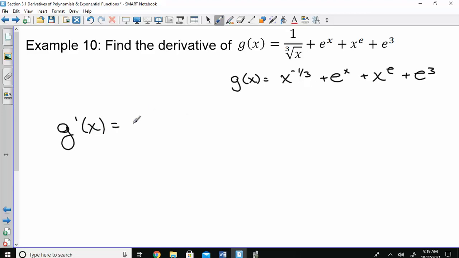X to the negative 1/3. Derivative, the negative 1/3 comes down, x, subtract 1. Negative 1/3 minus 1 is negative 4/3.